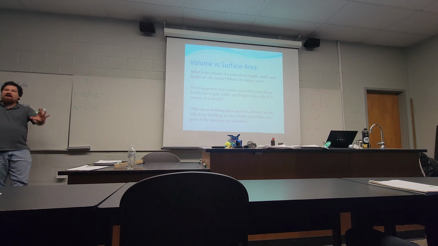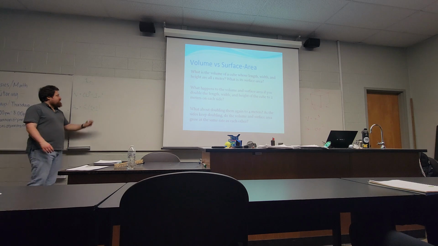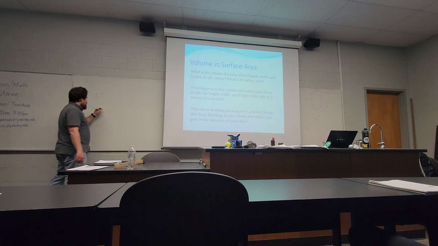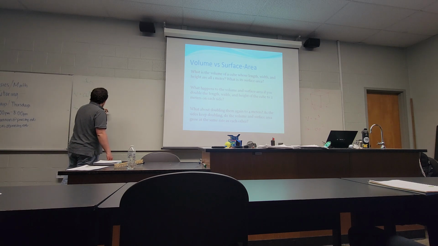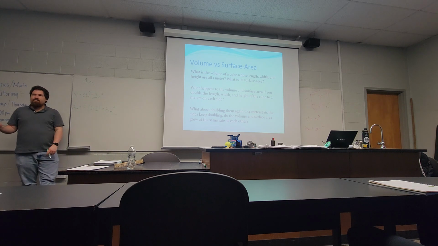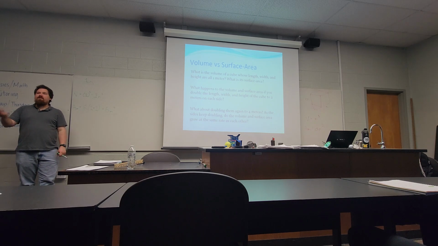Again, the flat area of just one side is 1 by 1, and a cube has 6 of those things. So if the volume is 1 meter cubed, its total flat surface area is going to be 6 meters squared. It would take 6 1 by 1 sheets of paper to cover the whole surface of this cube. Sound good?